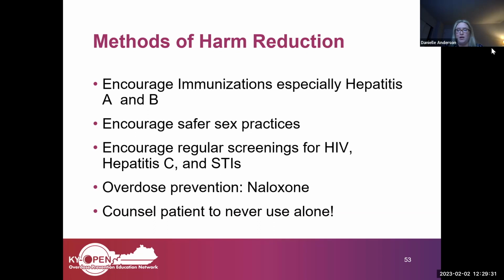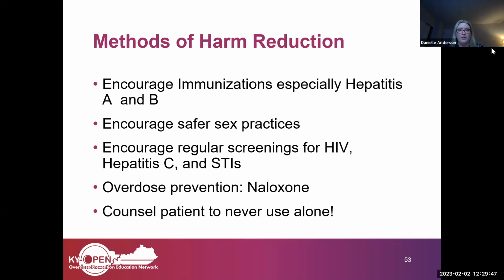I always provide naloxone to these patients while counseling them. This will not reverse a stimulant overdose, but at the same time, we're seeing so much concurrent use that it's a good idea for people to have naloxone.